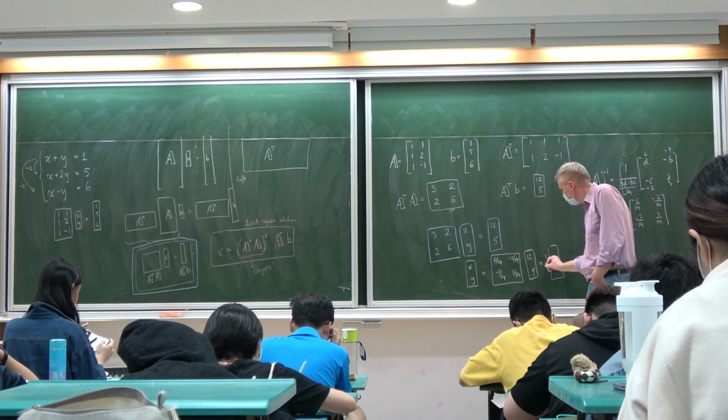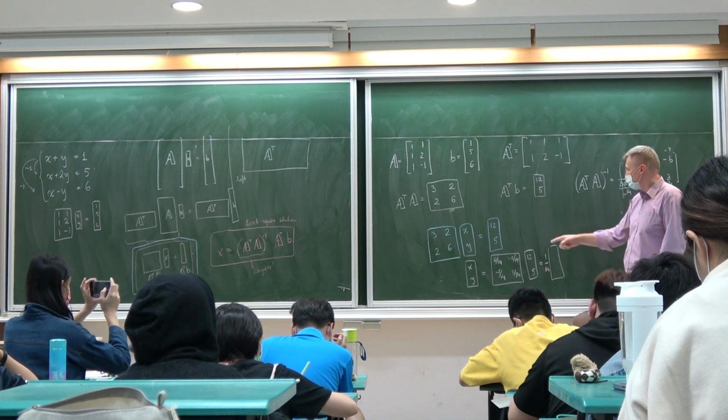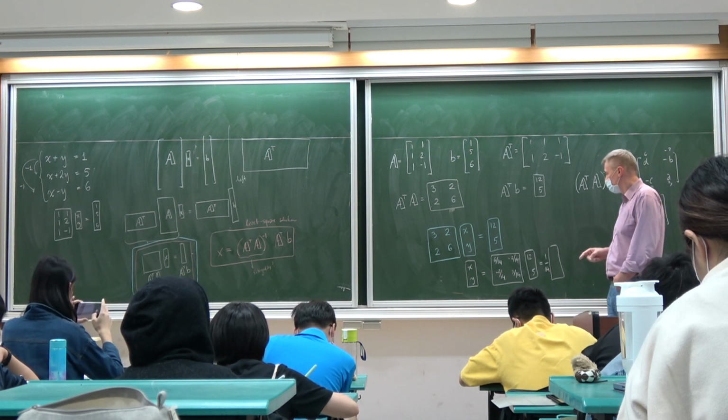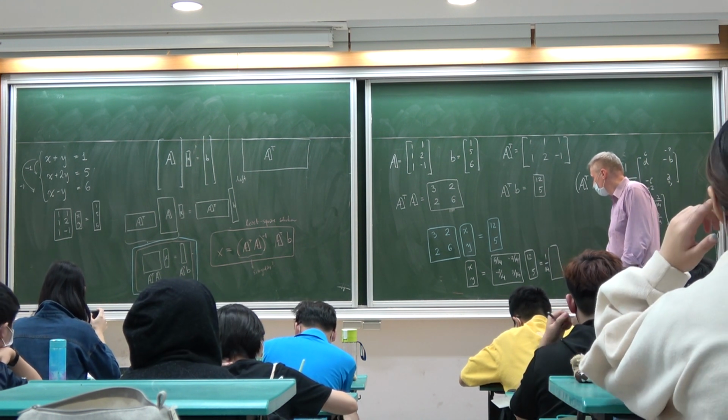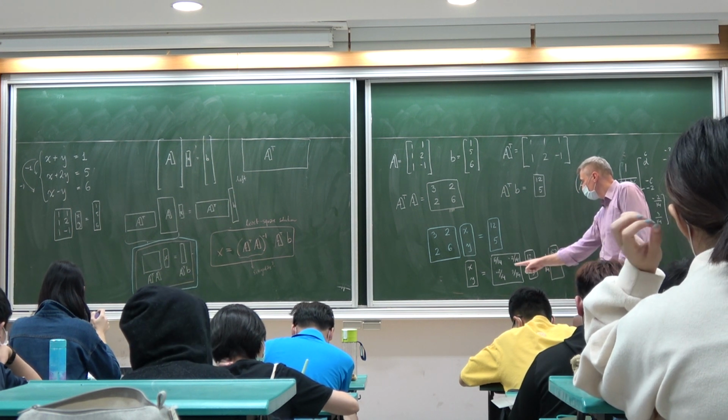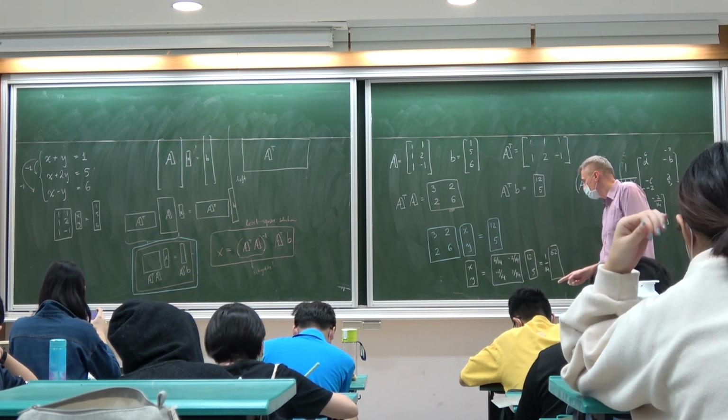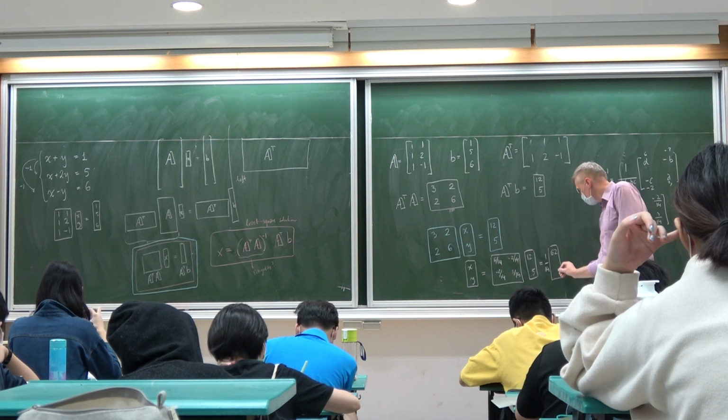Which is 6 times 12, 72, minus 10, 62, and the bottom, minus 24 plus 15, minus 9.